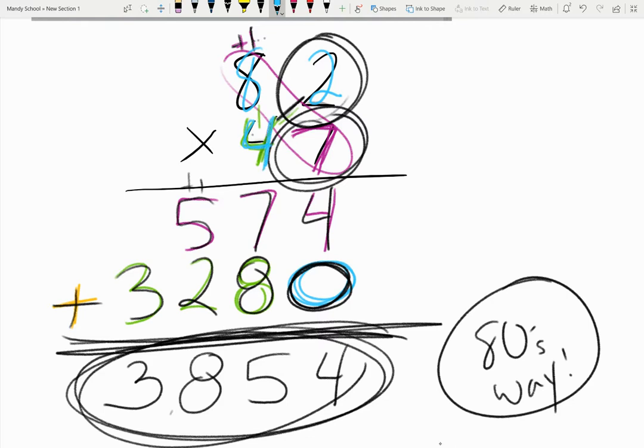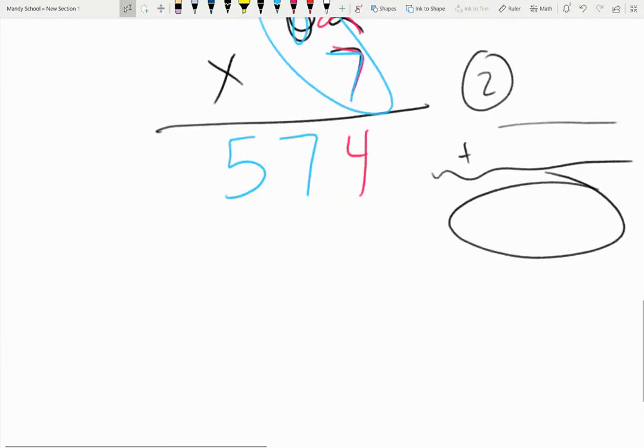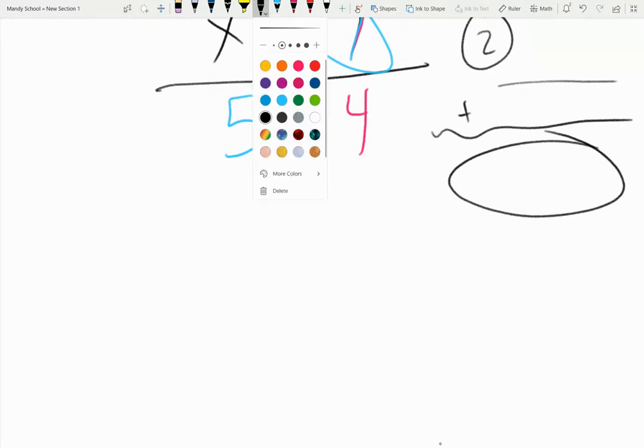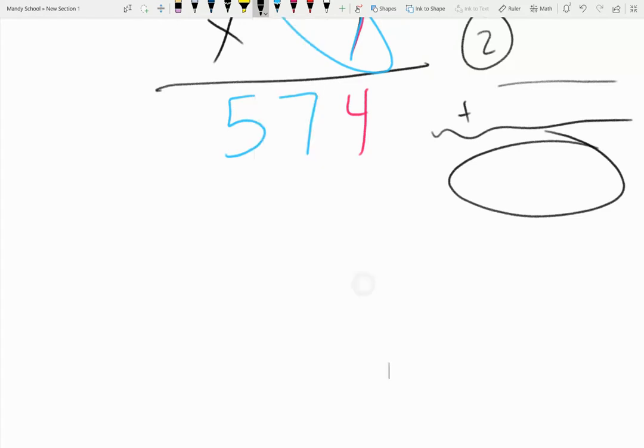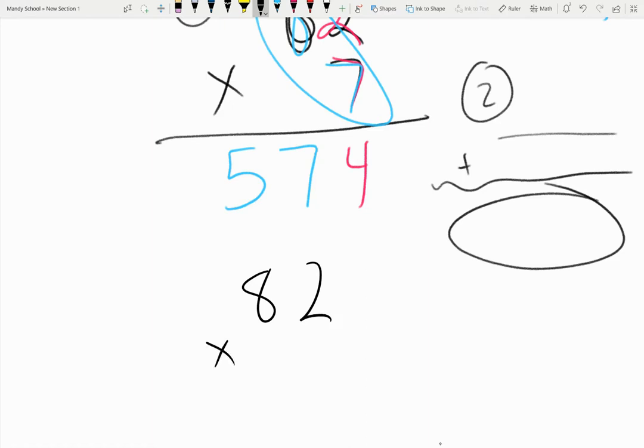Now, the second partial product, we are going to take the 82 once again, but now we're going to take the 4 and multiply it with the 0, because we're just going to break up the 4 tens into 40. 4 tens equals 40. Thank you guys for being so patient. 82 times 40.